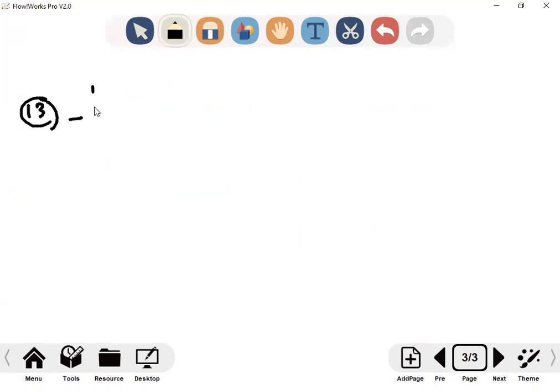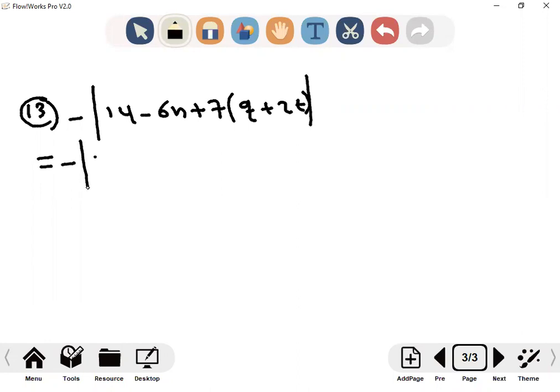Question 13. Also we have negative outside, the absolute value of 14 minus 6n plus 7 with parentheses inside it, q plus 2t, right? This is equal to minus outside, 14 minus 6 times n, which is 1.